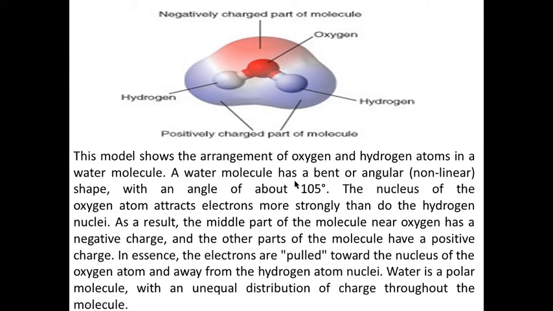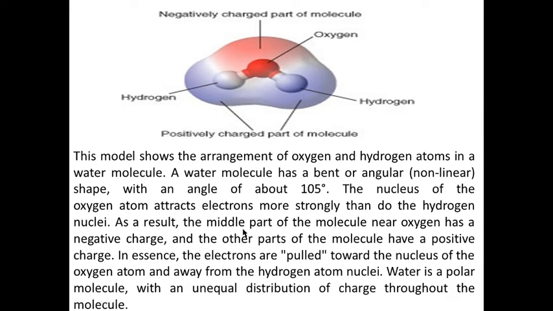A water molecule has a bent or angular, that means non-linear, shape with an angle of about 105 degrees. The nucleus of the oxygen atom attracts electrons more strongly than do the hydrogen nuclei.